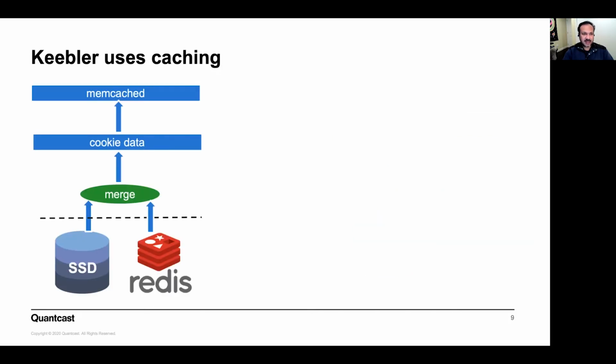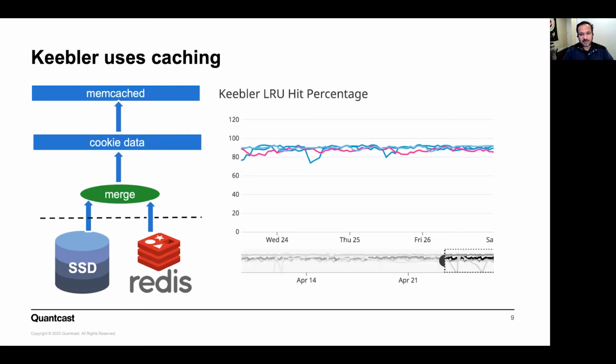Keebler also uses memcache to reduce the amount of computation it has to do during runtime, and we have a somewhat okay hit rate for the caching that we do.